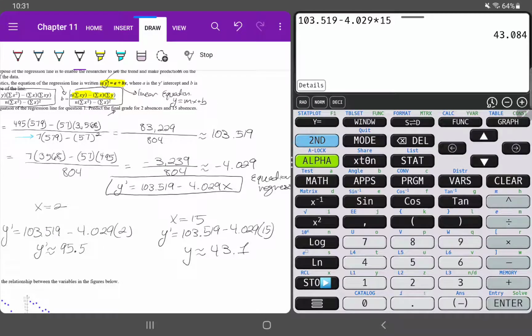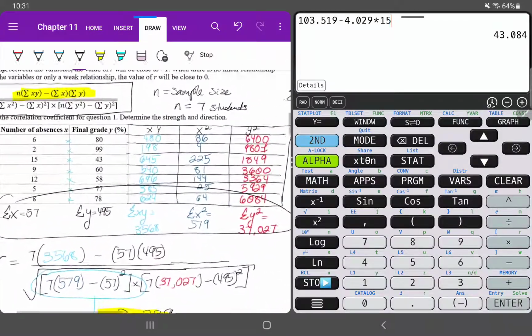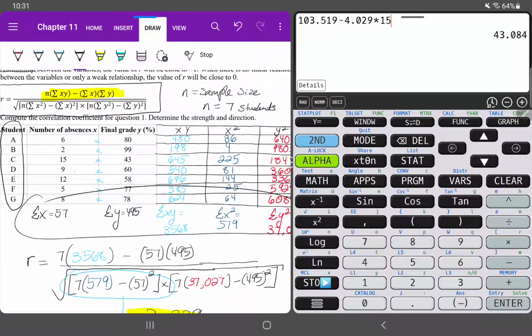If we check out the actual values, remember, these are my predicted values, the actual values for 2 absences. A student in this case who had 2 absences had a final grade of 99. When we predicted, that was 95.5. So remember, it is a prediction. It is not a guarantee, but that is a close prediction.